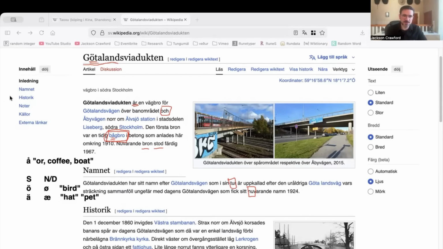And then there's yet another U-like sound, which is spelled Y, and that's going to be very far forward in your mouth, right about where you would have a surfer dude saying the vowel in dude. So look at this, for example. Verktyg, tyg, tyg. So if you look at your mouth, here's your front top teeth. Here's your uvula. Here's your tongue.